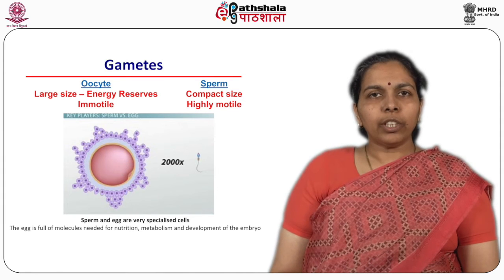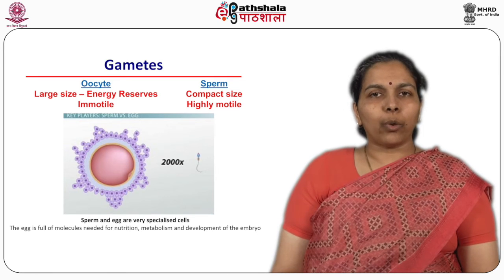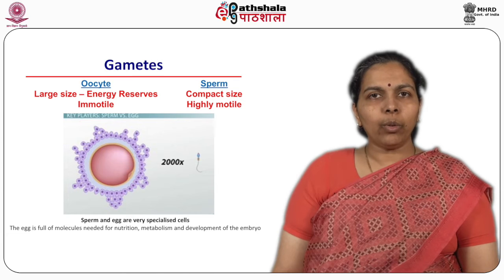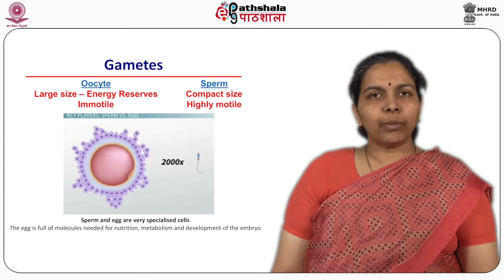This is because the oocyte needs large energy reserves so that they can be used when the zygote develops. So, during early development of the zygote and embryo, this energy reserve which the oocyte has will be required.